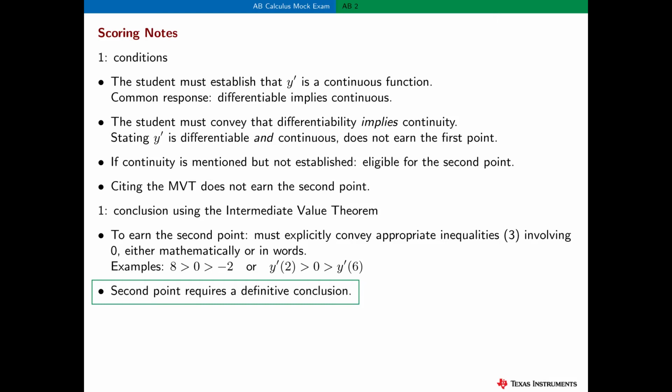For example, therefore there are 3 such values. So even if the student reports that there is 1 such time in the interval 2 to 6, 1 in the interval 6 to 8, and 1 in the interval 8 to 10, they must conclude, therefore, that there are at least 3 such times in the interval 0 to 12.